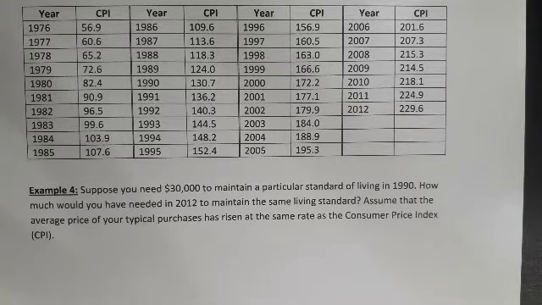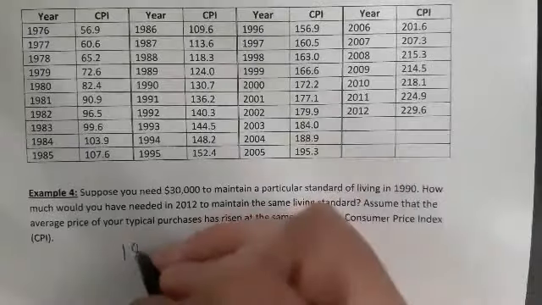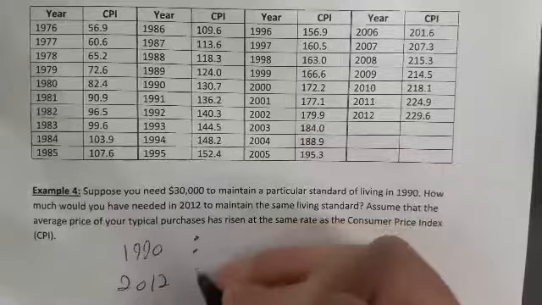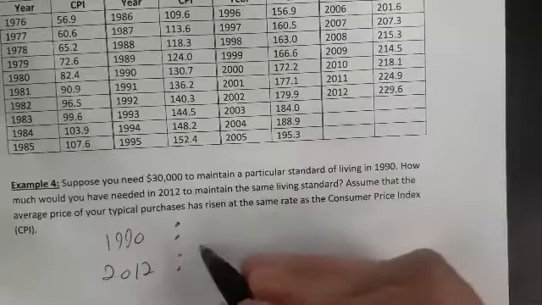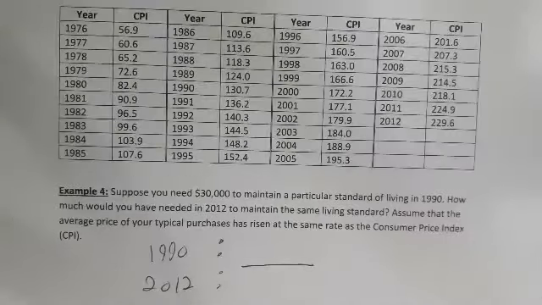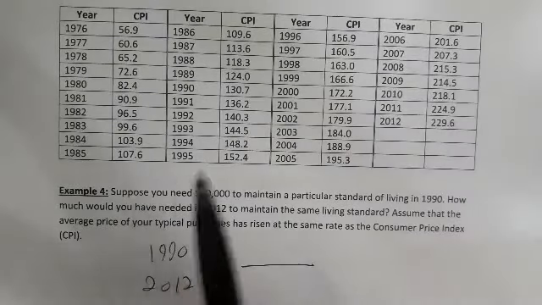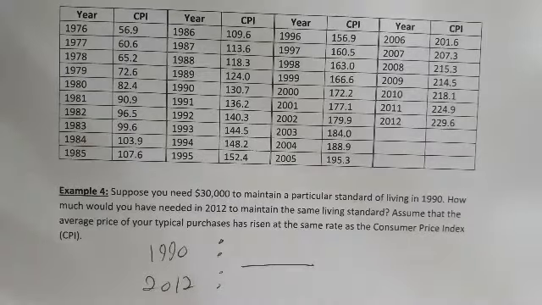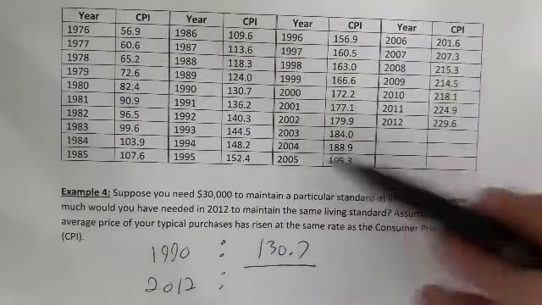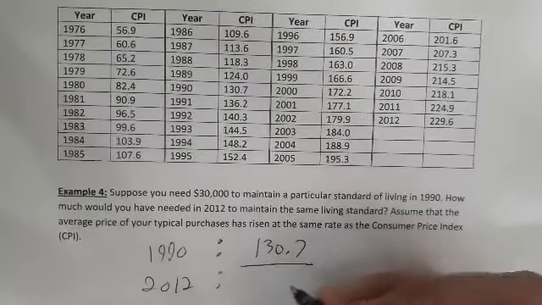So again, we want to compare two years, 1990 to 2012, and we want a ratio. In 1990, my CPI is 130.7, and in 2012 it is 229.6.